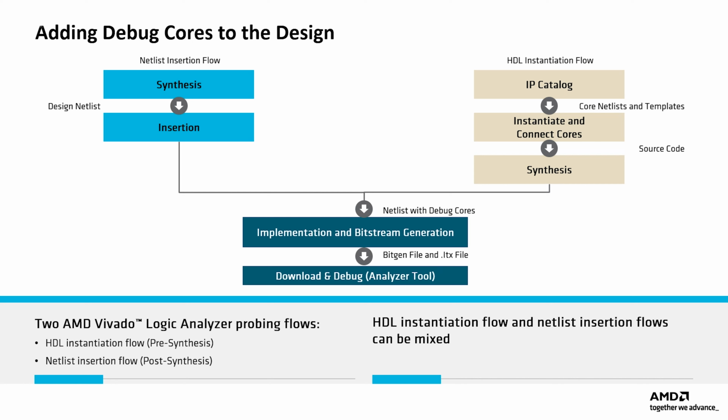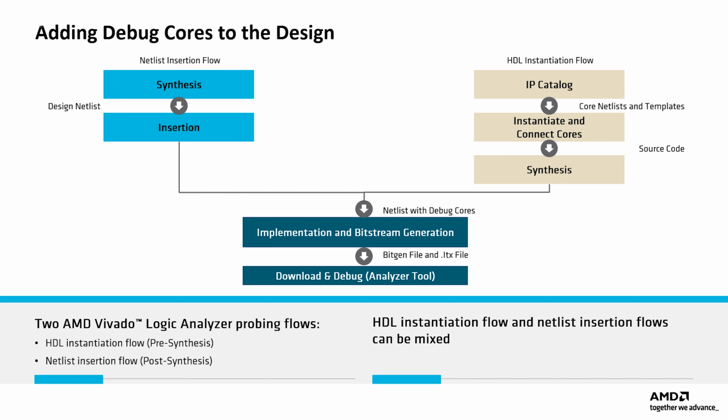The Vivado tool automatically inserts the ILA core into the post-synthesis netlist, enabling you to select the nodes of interest from the synthesized design. This approach requires only implementation and bitstream generation after core insertion. The Vivado design suite also allows the designer to mix the HDL instantiation and netlist insertion flows.